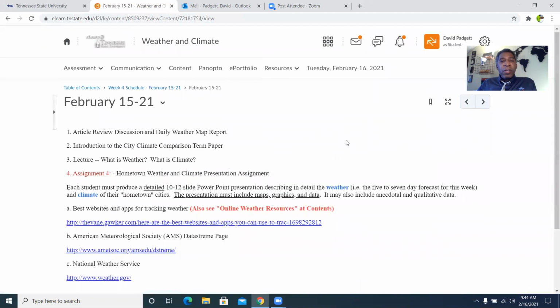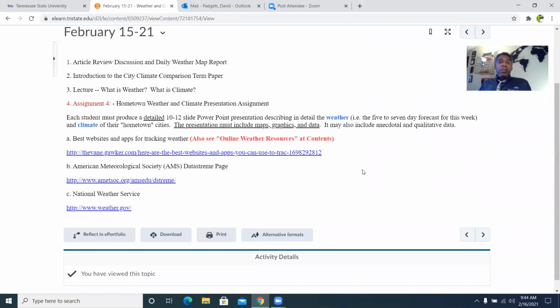The first thing is the article review. I'm going to introduce you to the article reviews. The plan is to do a daily weather report. I usually do a daily weather report in here, so I think I'm going to go ahead and do that.